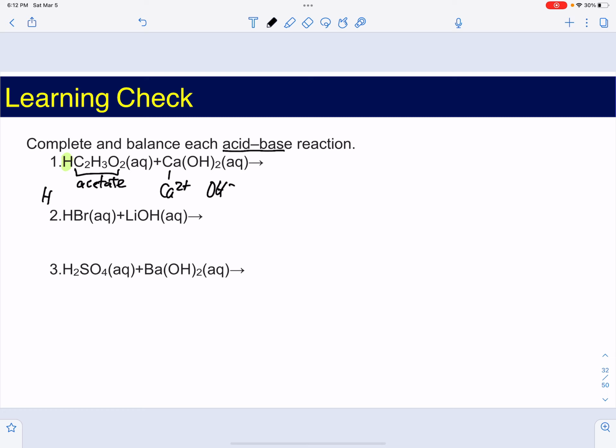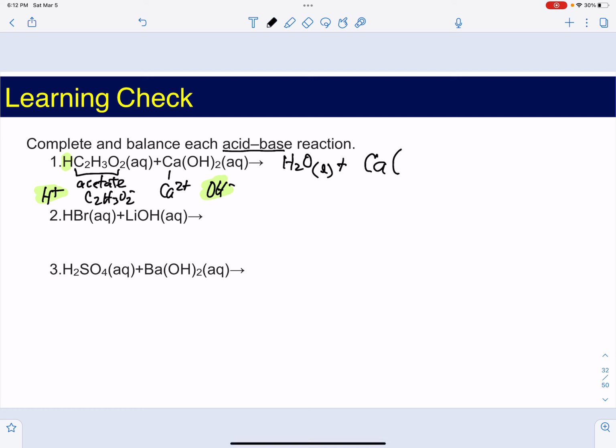So this is going to be H plus, and this is going to be C2H3O2 negative. So my positive is going to go with my new negative. So that's going to give me water, which is a liquid. And then my calcium is going to go with the acetate, but it's 2 plus and the acetate is 1 negative.